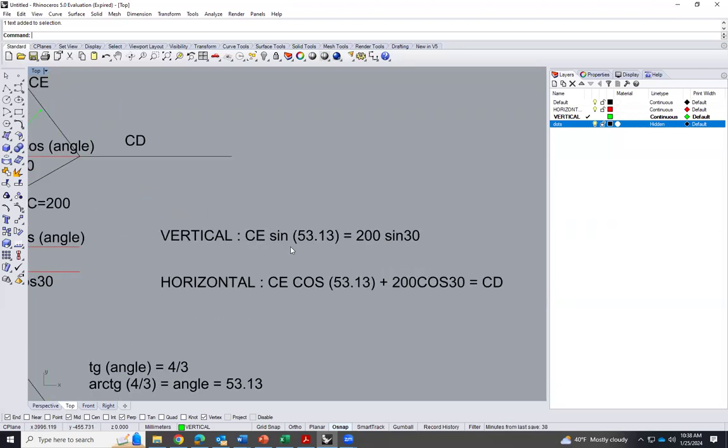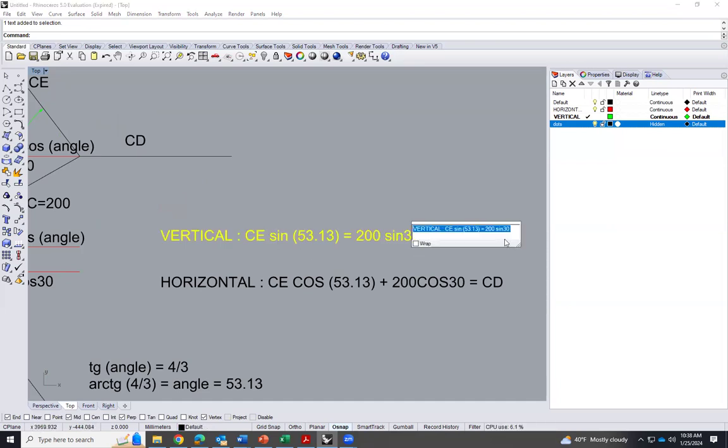This is pretty straightforward. We can calculate CE equals 200 sine 30 divided by sine 53.13.